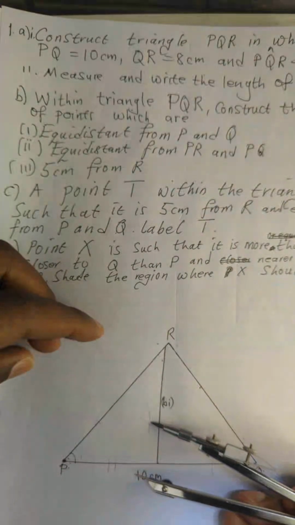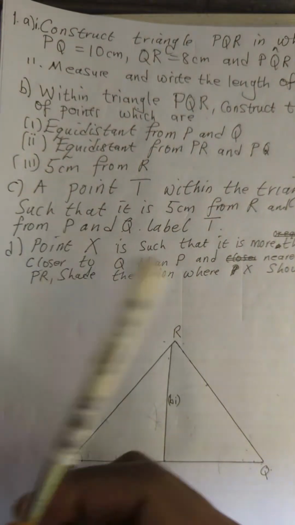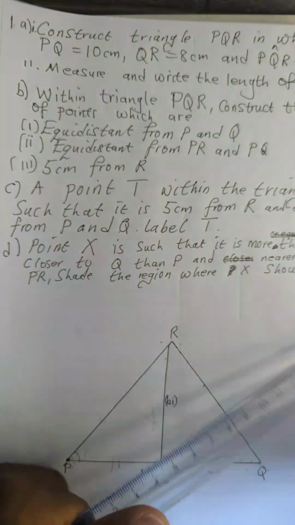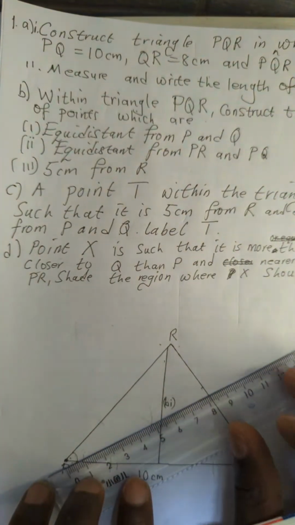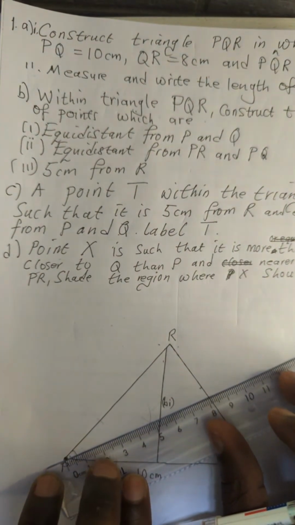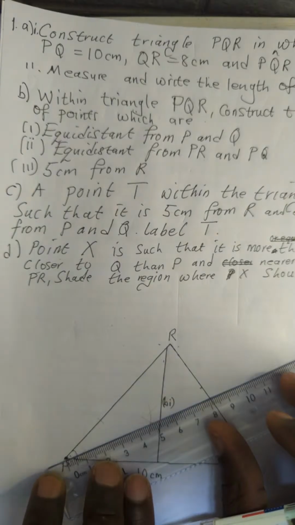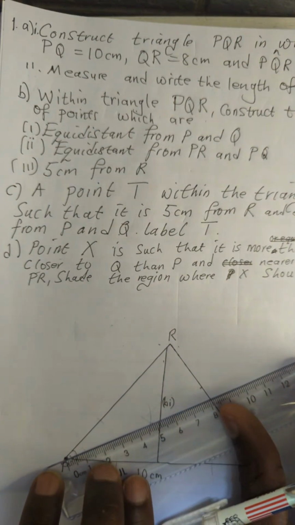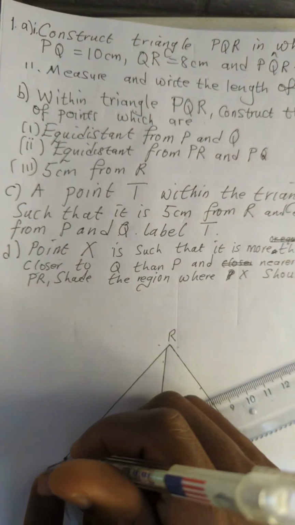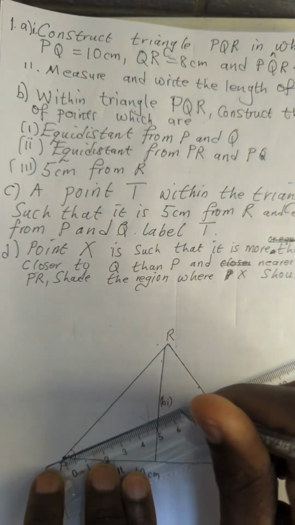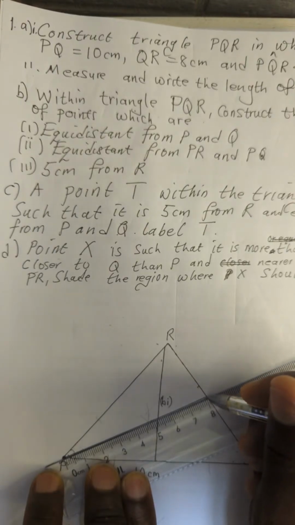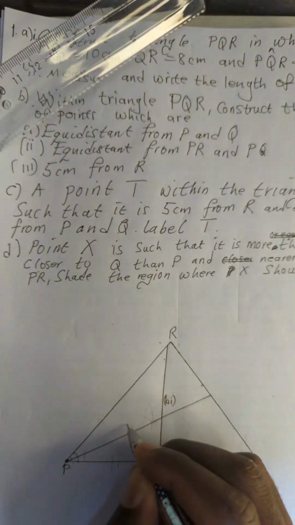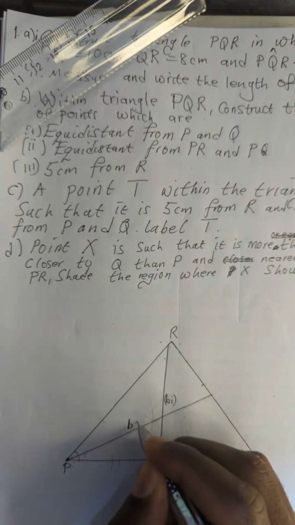So you get your rule and position it such that when you draw a line, it passes through P and also through where the two arcs meet. So this is B2.